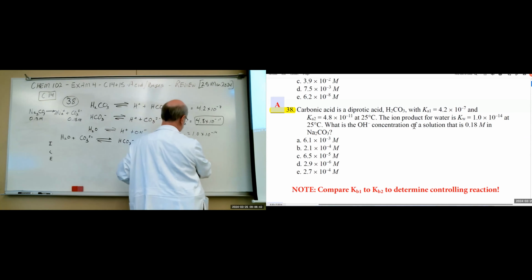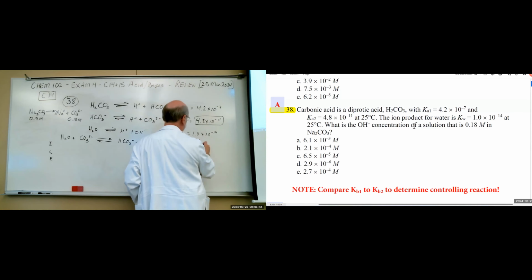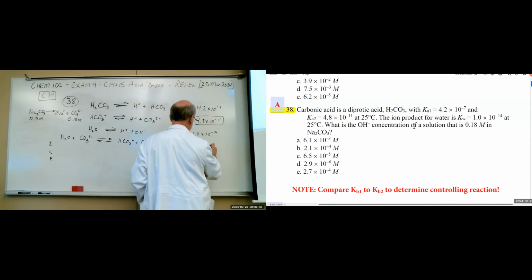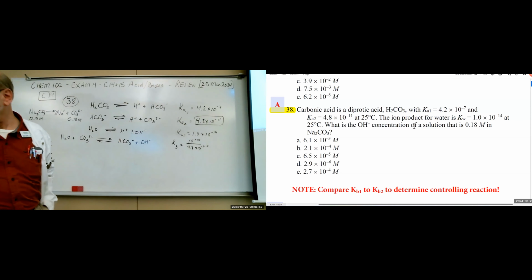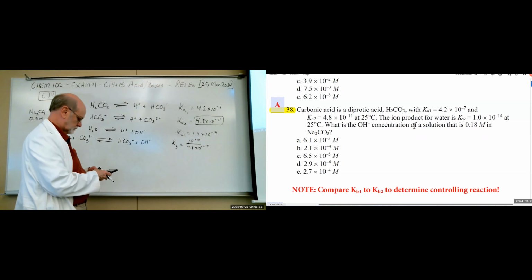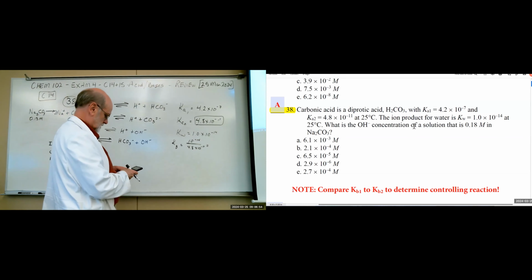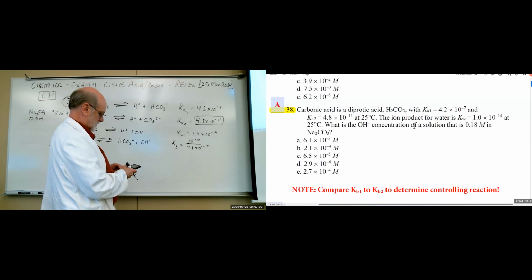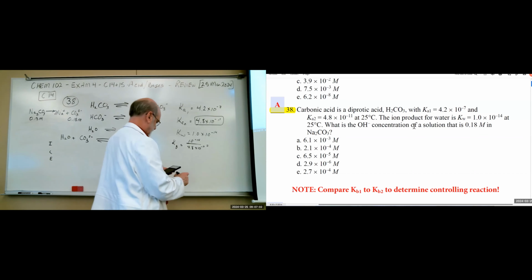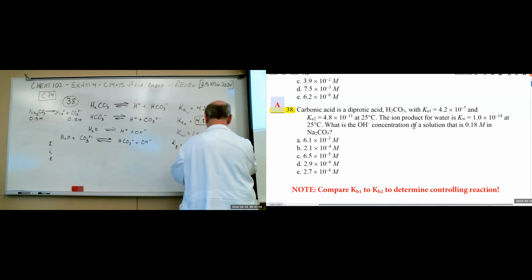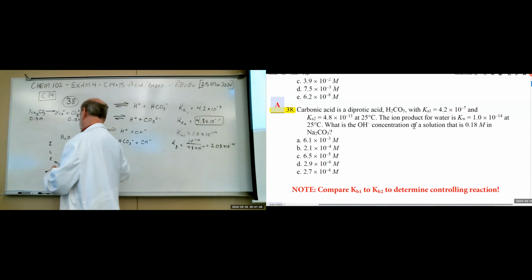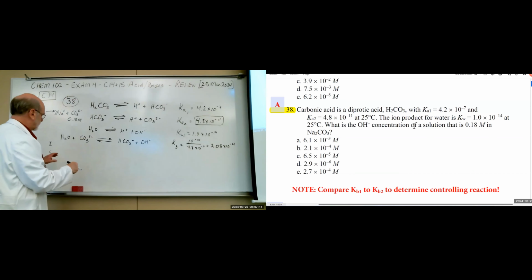So the KB for this reaction is 10 to the minus 14 divided by 4.8 times 10 to the minus 11. Let's go ahead and calculate that. This is 2.08 times 10 to the minus 4. That's the KB for this reaction. We'll need that in just a minute.